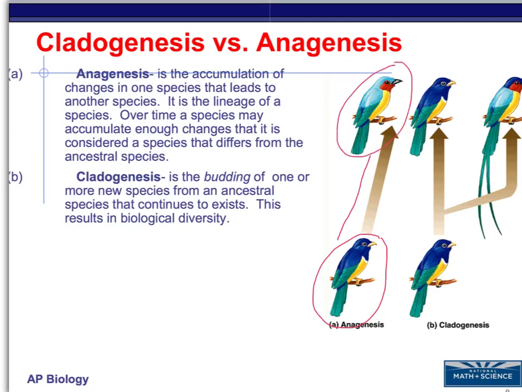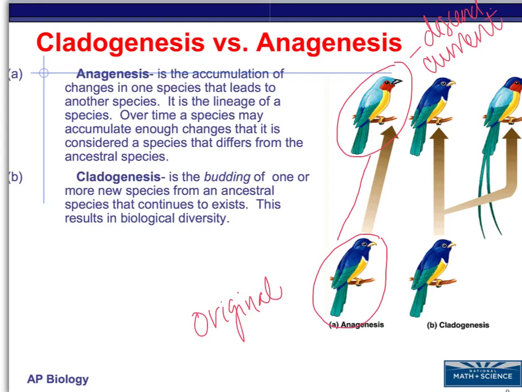So this was the original, and this is the descendant, or the current. It's just straight evolution, straight from one species to the other species.